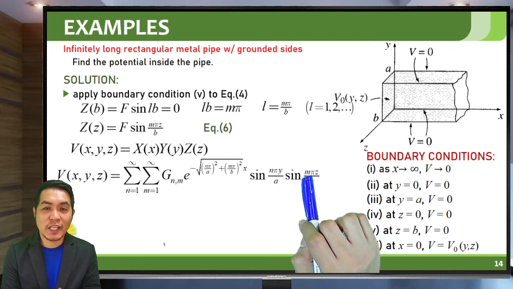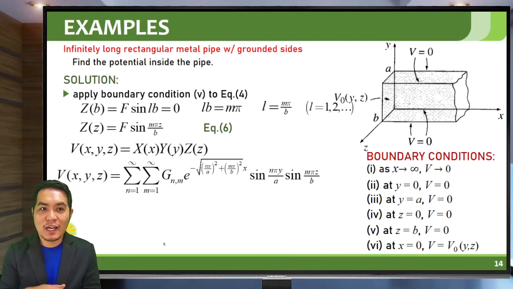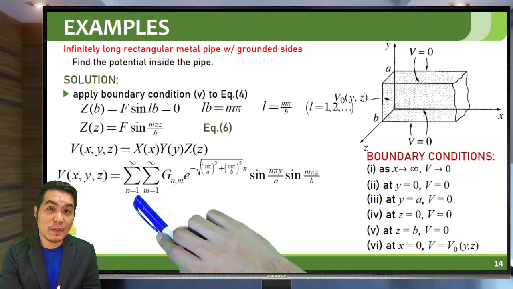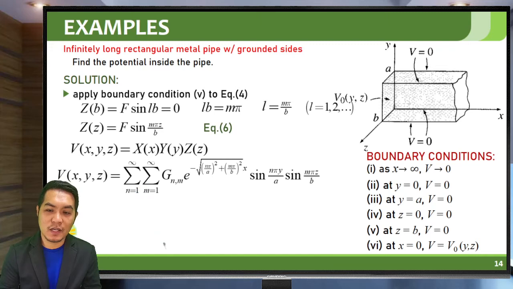In order to take into account the many solutions of our V, we need to sum all of the possible solutions. So we linearly combine all of the solutions for V. We sum over n and we sum over m. So this is now our most general solution.